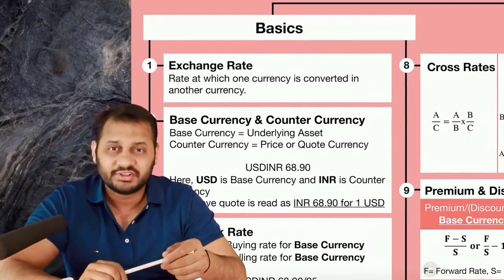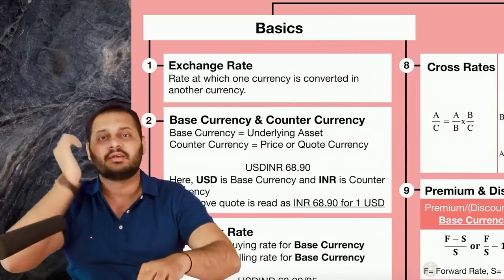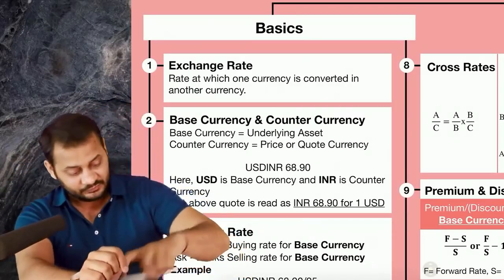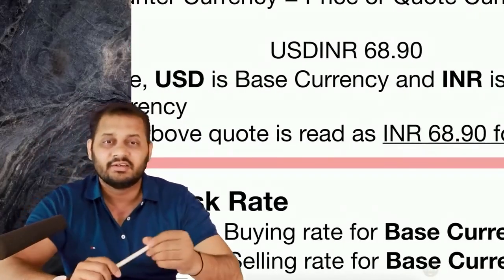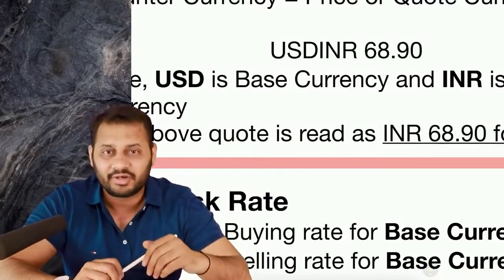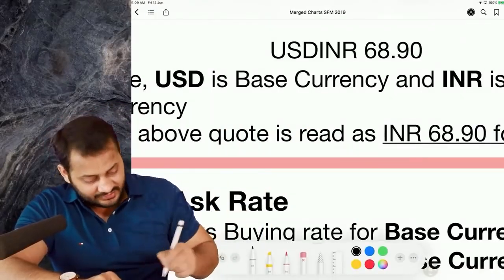Everyone knows that exchange rate is the rate at which one currency can be converted into another currency. The second part is base currency and counter currency. So whenever I write USD INR 68.90 or GBP INR 68.90, you understand that this is a form of ISO code.